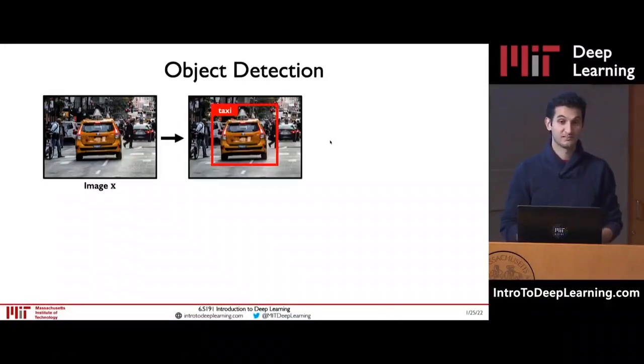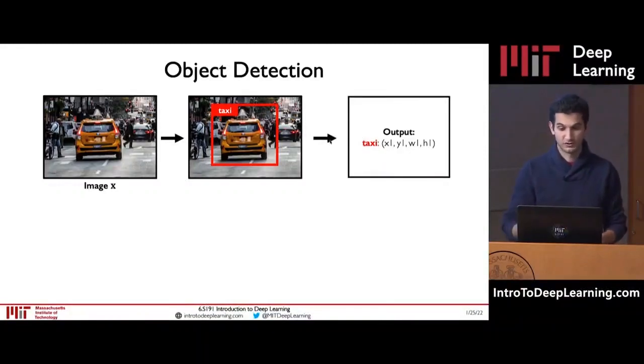So our network needs to be extremely flexible and infer a dynamic number of objects. Because for example, in this image, I may have one primary object, but maybe in a different image, I might have two objects. So our model needs to be capable of outputting a variable number of different detections. Here, for example, there's one object that we're outputting, a taxi at this location.